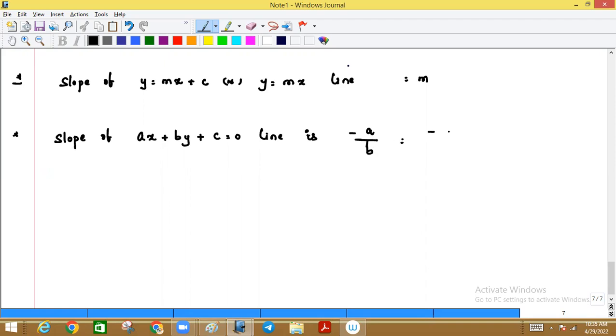It's actually negative x coefficient by y coefficient.